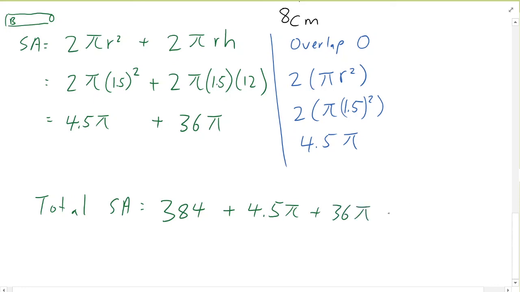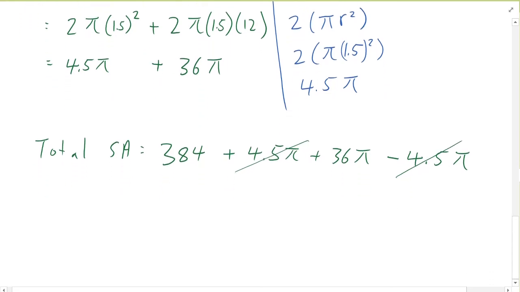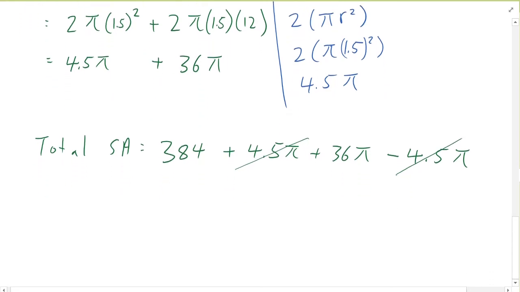And then we had to subtract our overlap, which was 4.5 pi. Well, conveniently, because we had to remove two circles and our surface area formula included two circles, these guys cancel each other out.